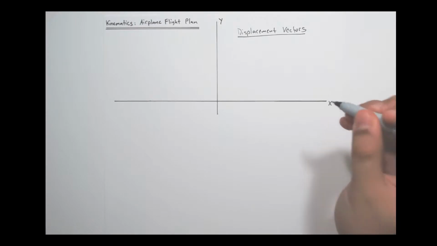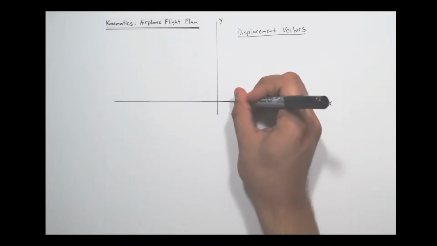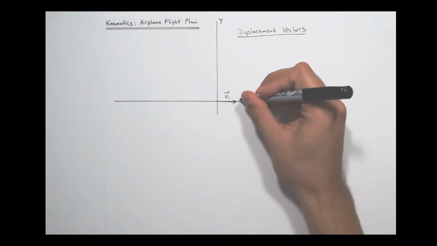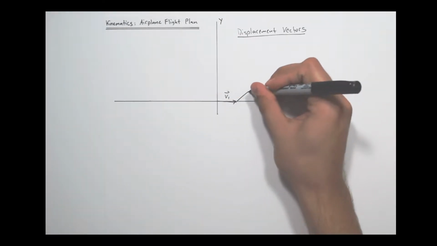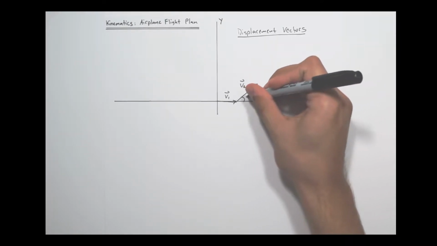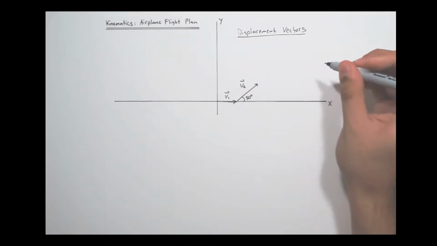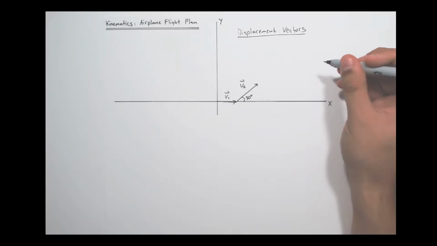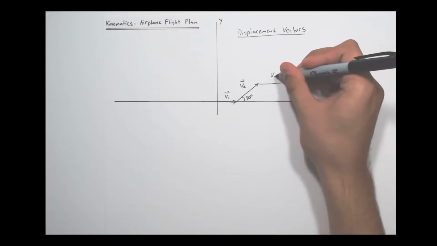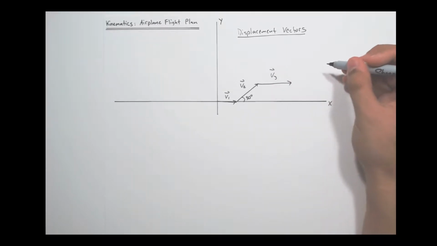So we can start drawing out our displacement vectors. Here's going to be the first one, v1. We're going to have another one here that's going to be at a 30-degree angle. This is not going to be drawn to scale, everyone. This is just to get an indication of what's happening. We're going to have another displacement vector here, v3, going horizontally.